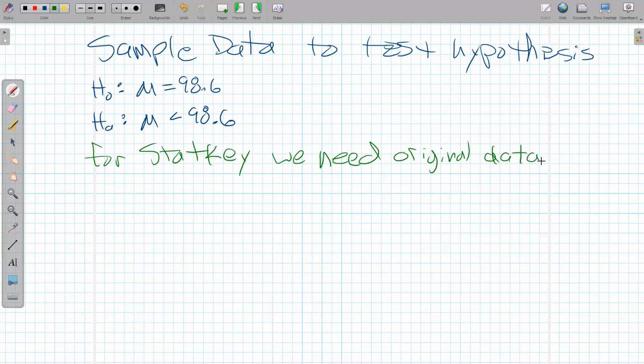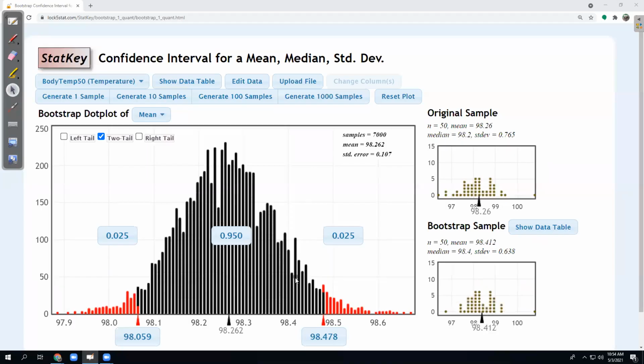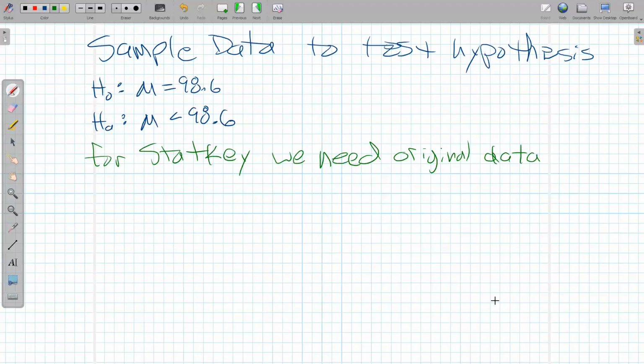So if somebody came up to me and said, oh, I want to test this hypothesis, my sample mean was 98.26, right, so I know that for sure, x bar for this sample is 98.26. That's not enough information for me to run a hypothesis test in StatKey. I need all of the data that led to that mean.